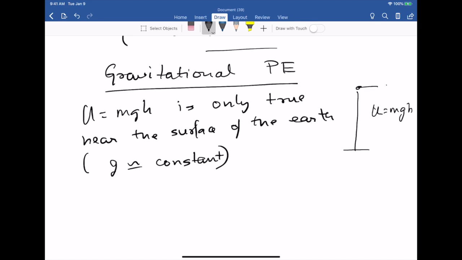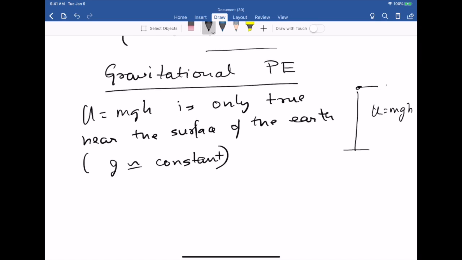However, if we are interested in the gravitational potential energy of something that is at a great height, comparable to the radius of the Earth, then little g cannot be treated as a constant at all, and so you have to get a more accurate formula for gravitational potential energy.